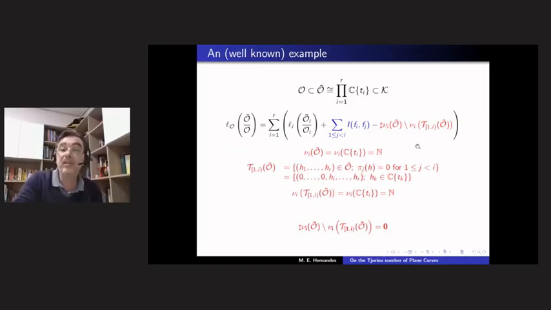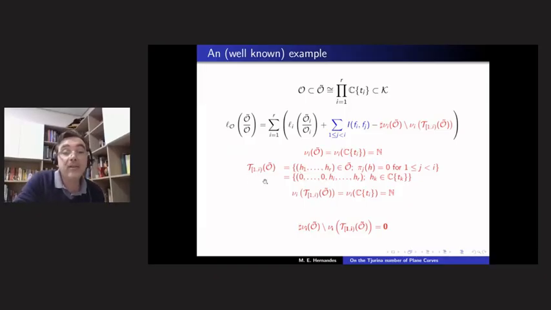And the red part can be computed in the following way. We know that the integral closure of O is precisely the product of the power series in T_i, and the power series in T_i is precisely the integral closure of the local ring of F_i. So when we consider the projection of O tilde, we obtain the power series in T_i, and the set of values is precisely the natural numbers.